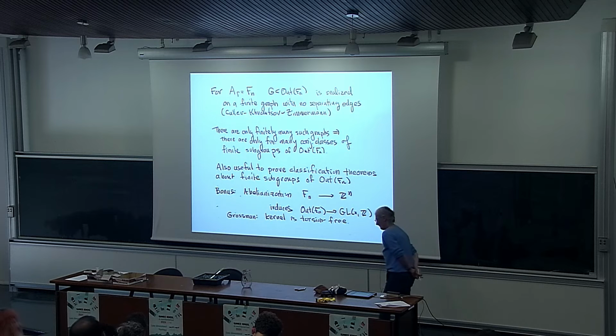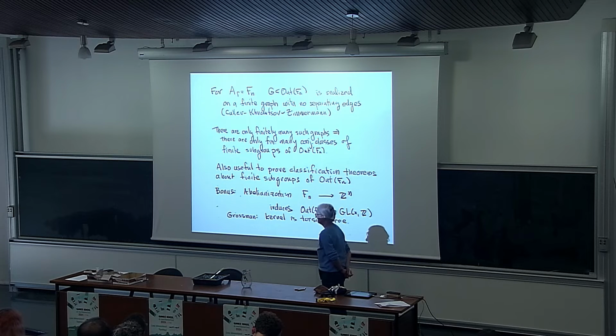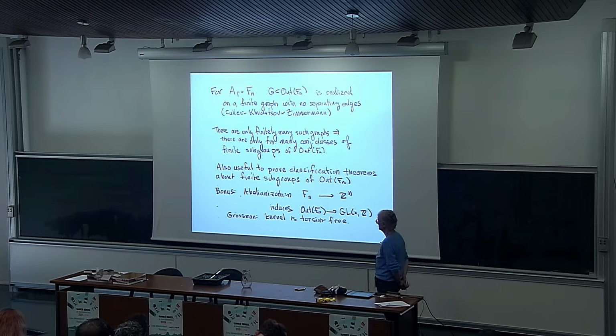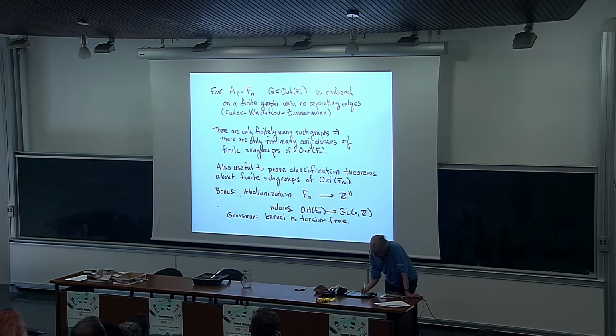Okay, so I already discussed this problem, not in this way, but for Z^n, but let's look at the other extreme. When my graph is discrete, then A gamma is a free group, and if I've got a finite subgroup of outer automorphisms of the free group, there's a theorem due to Culler, Khramtsov, and Zimmermann separately in different languages.